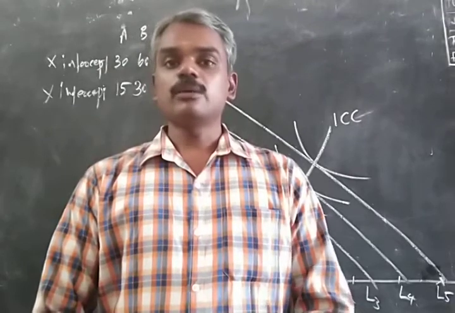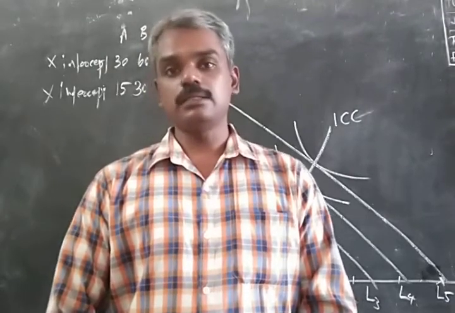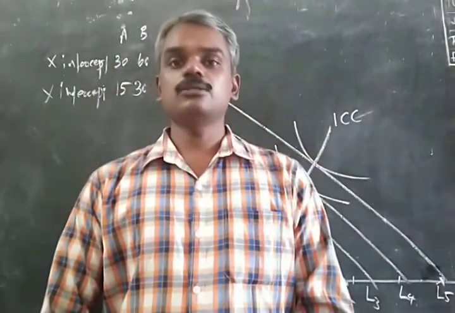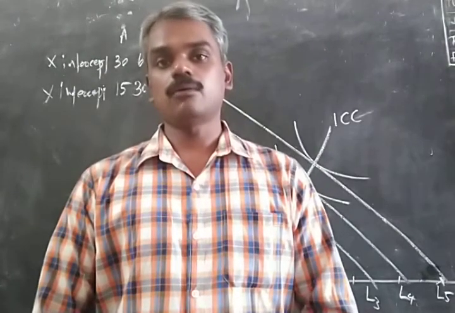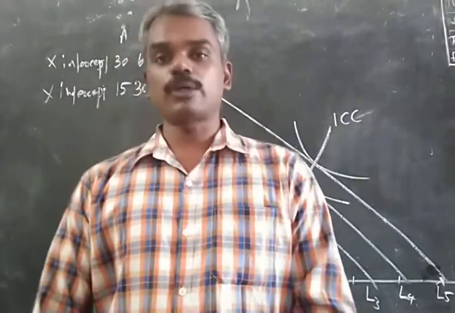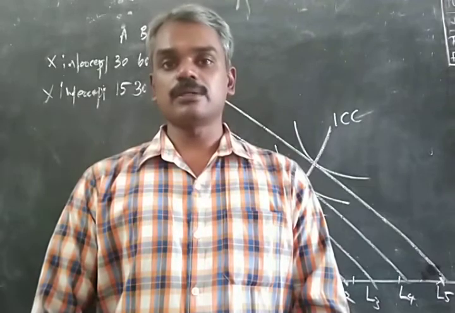So it is considered to be superior quality rice, and it is also tastier. So when income increases, consumers normally go for higher qualities of rice. So this is an example of a normal commodity. Demand increases as consumers' income increases.